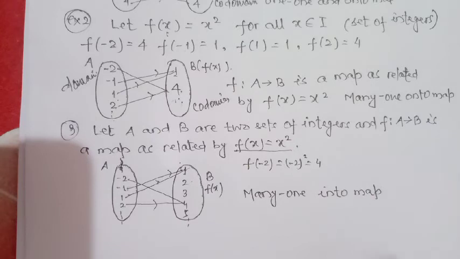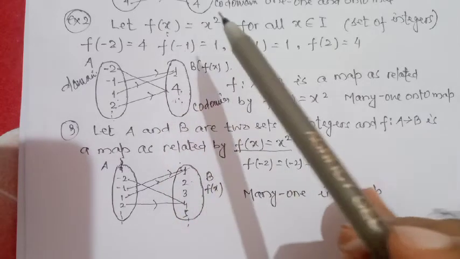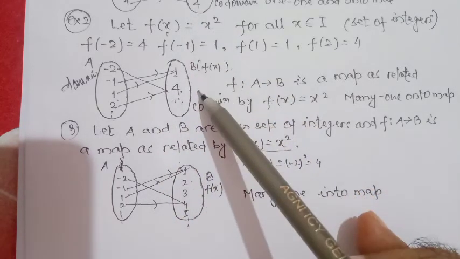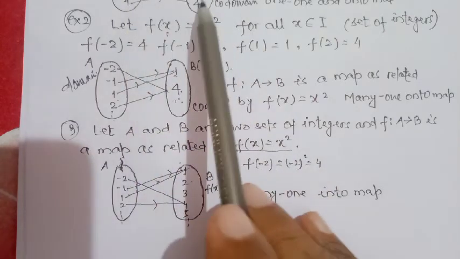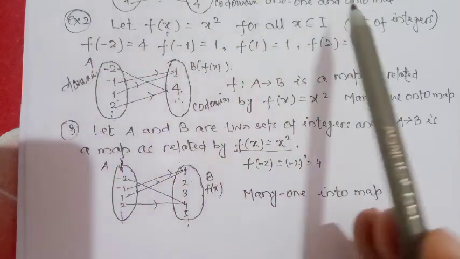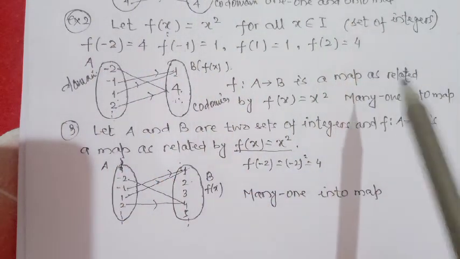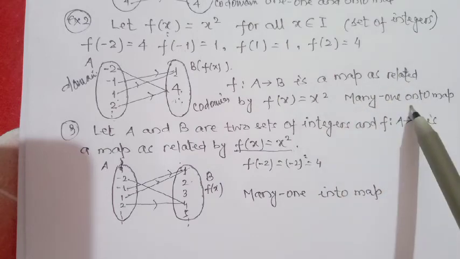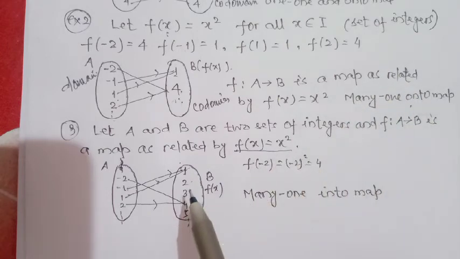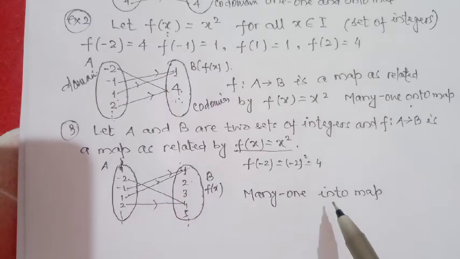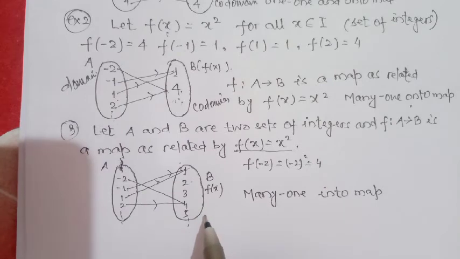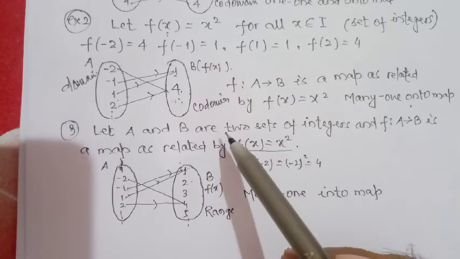I just revise it. If each element of codomain is image, then it is called onto, and at least one element be not the image, then it is called into map. And in that case, this is called range. So what is difference between codomain and range?